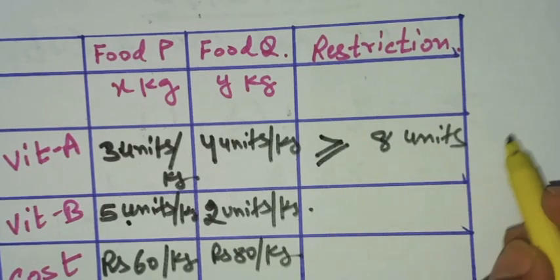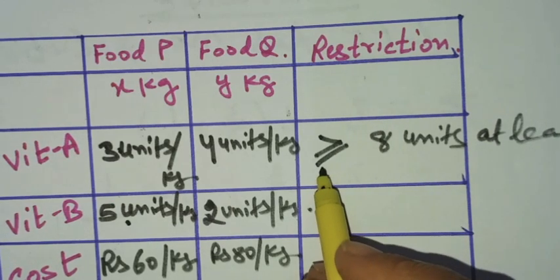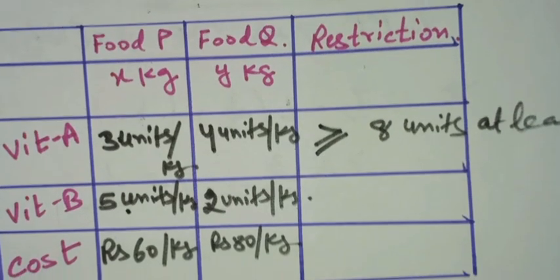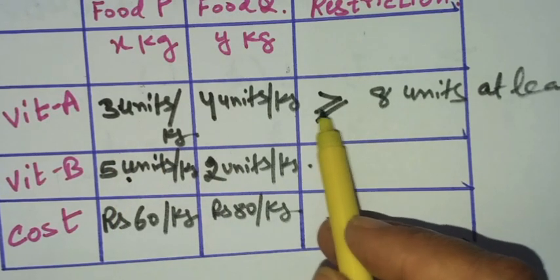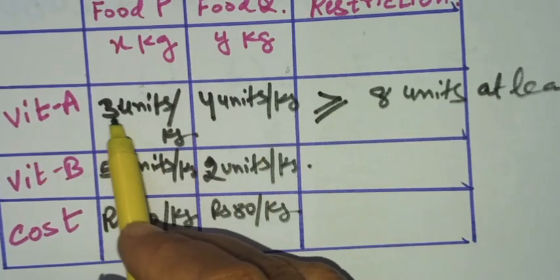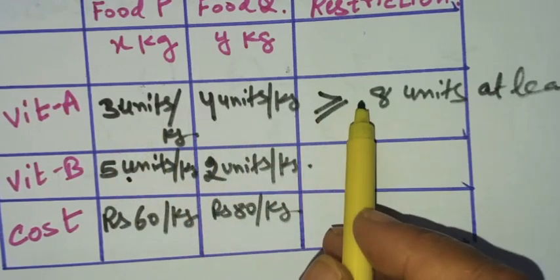Whenever we have at least, we use the greater than or equal to sign, because at least means it should be minimum 8, meaning greater than or equal to 8.